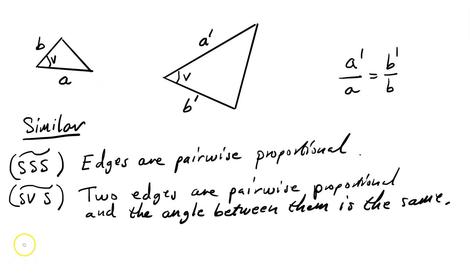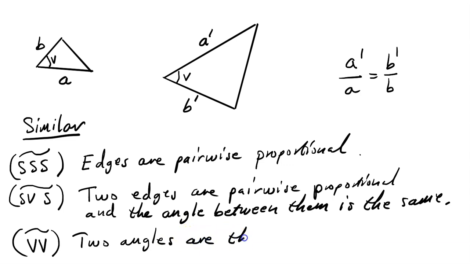And the third condition, let's call it AA. If two angles are the same, if that holds, then we know that the two triangles are similar. So this does not include the lengths of the sides or edges at all.